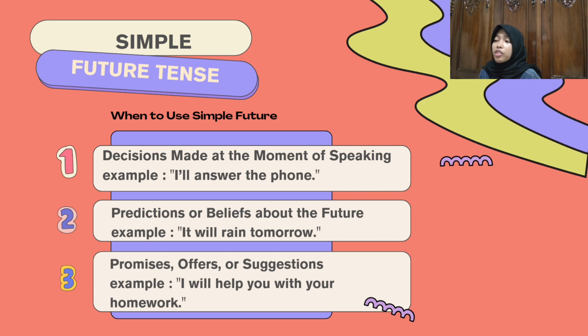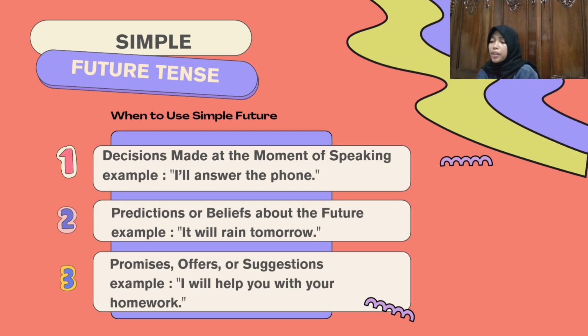The third material of tenses is simple future tense. We use simple future tense for decisions made at the moment of speaking. Example: I will answer the phone. And then we use it for predictions or beliefs about the future.